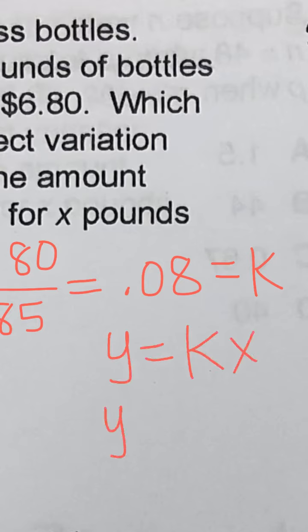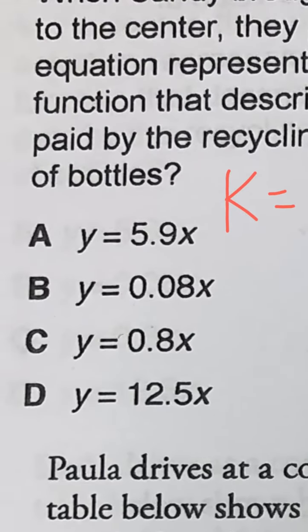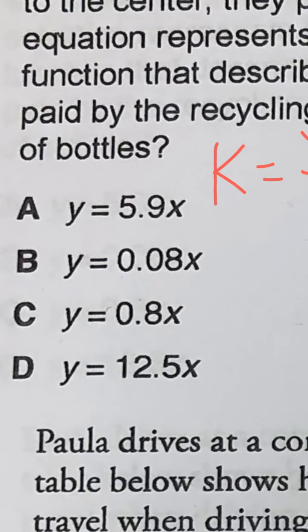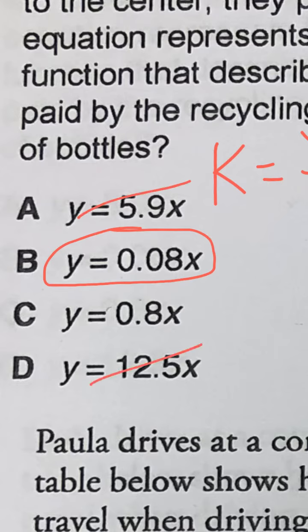So that means it'll be y equals 0.08x. And by the looks of this, it seems like my answer will be B. Okay, I scratched this. This is 5.9, this is 12.5. Do not be fooled, be careful. It has to be the exact measure.